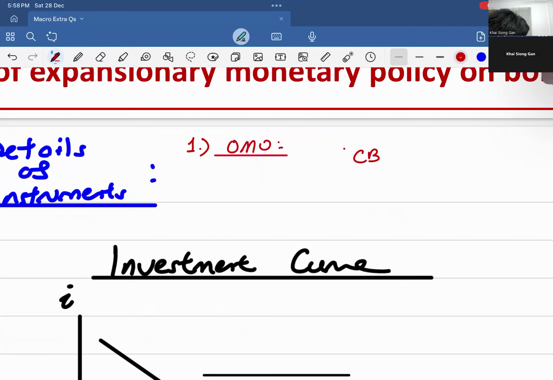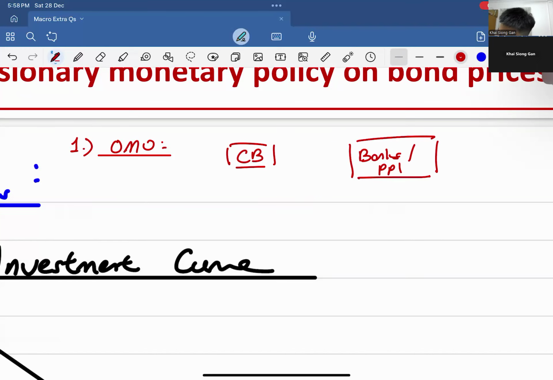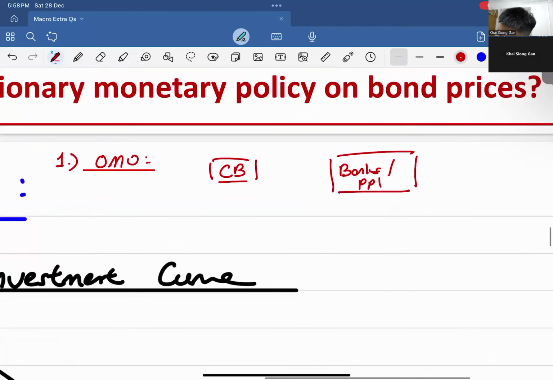So we have the central bank and the commercial banks, or what we call the public. What should the central bank do then? The central bank will have to buy bonds from the commercial banks, so the central bank will give them money.